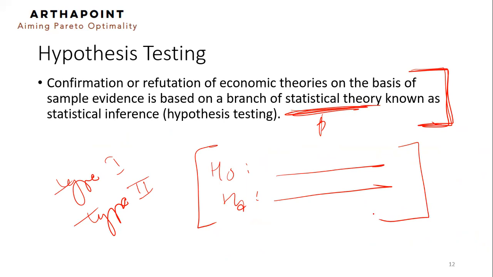However, as I go along, I will also try and explain these in some aspects. I'll explain what is null, what is alternative. But if you take a course on statistics, or read some books on statistics, things will make more sense as we do hypothesis testing.